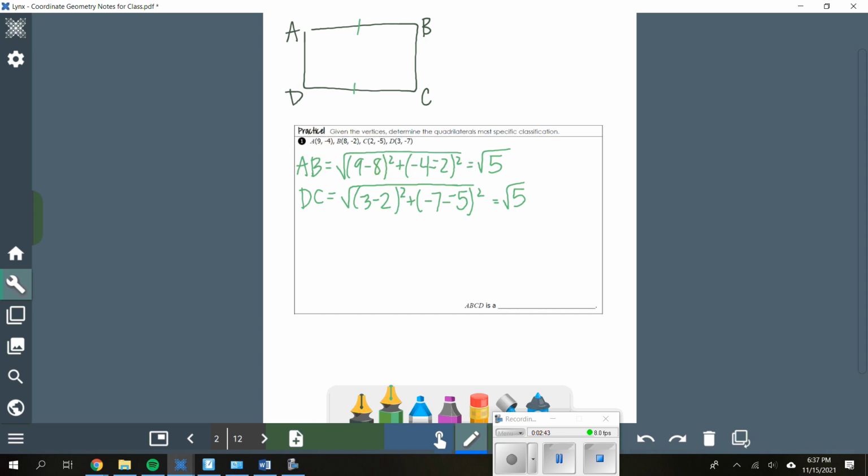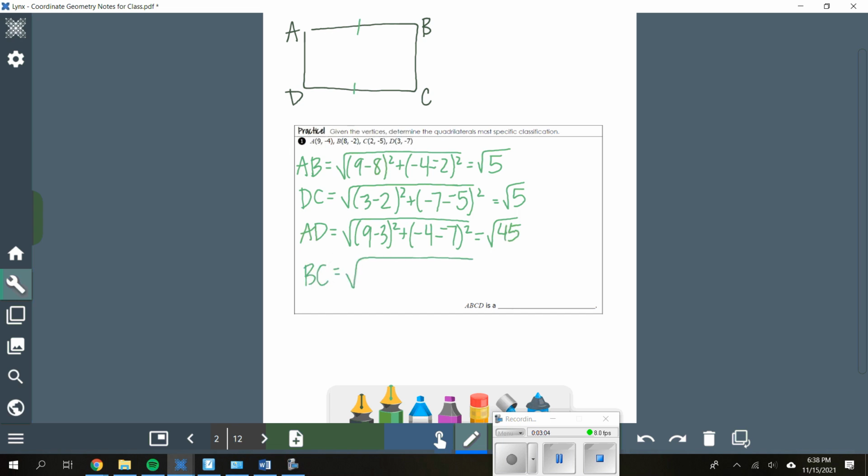So I'm going to mark that. Then I'm going to do AD. So x minus x, 9 minus 3 squared and added to y minus y, negative 4 minus negative 7 squared, which is radical 45. And then lastly, we're going to do BC.